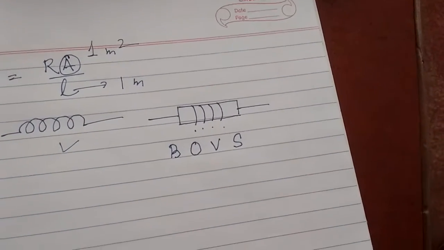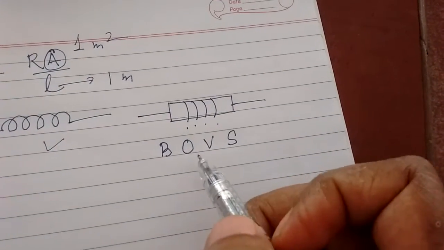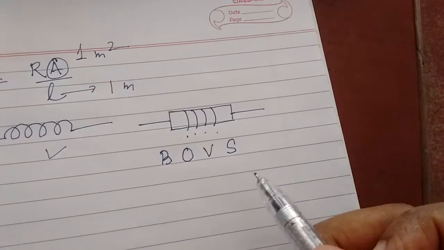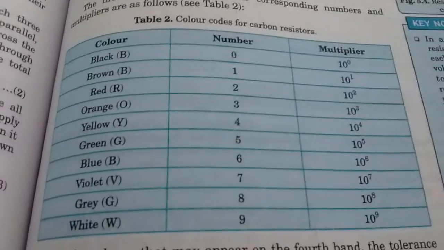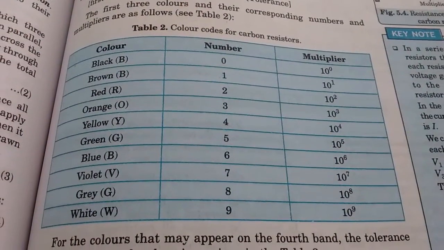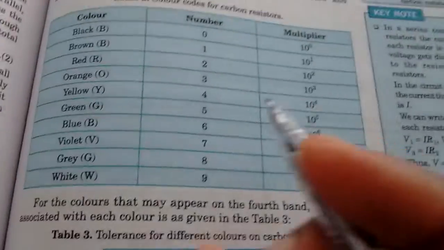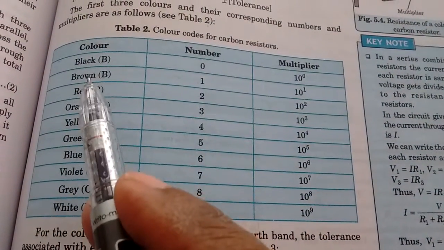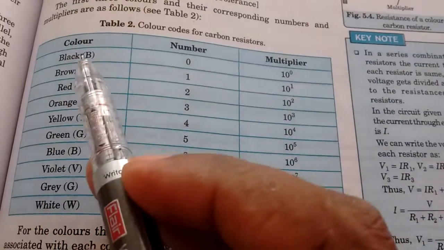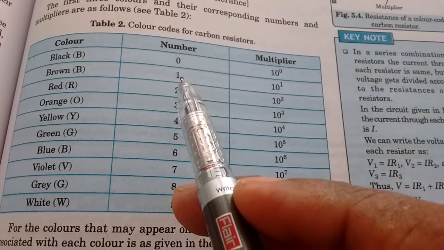Now how to determine the value of this resistor from this color code? Here we take a look again at the table. Now our first color is brown. So first color is brown means on the first column the corresponding number of brown is 1.